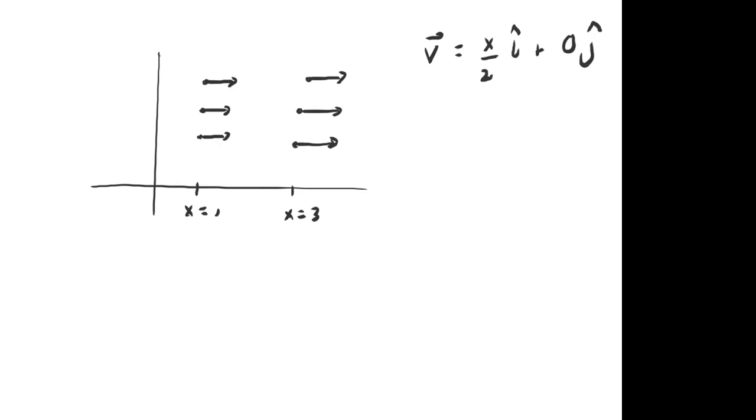Realize that the y component vanishes, but I just put it in there anyway. And so the question is, what happened? I could, if I want to, put in a velocity vector at x equals 2. And the point is that this magnitude is small, this magnitude is larger, and this magnitude is even larger, and that vector is even larger.